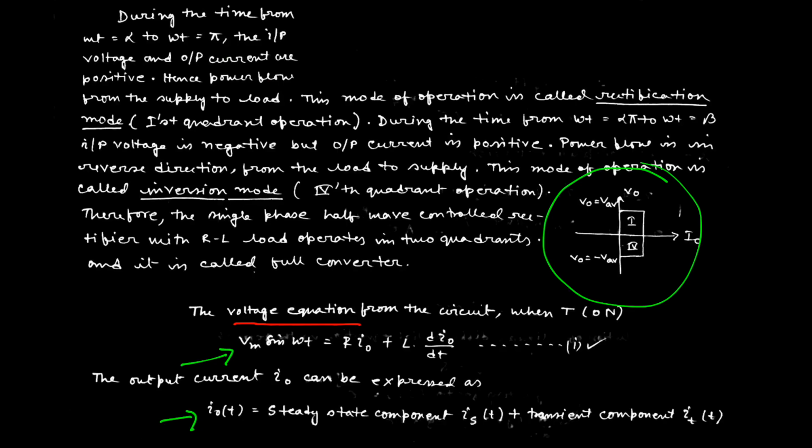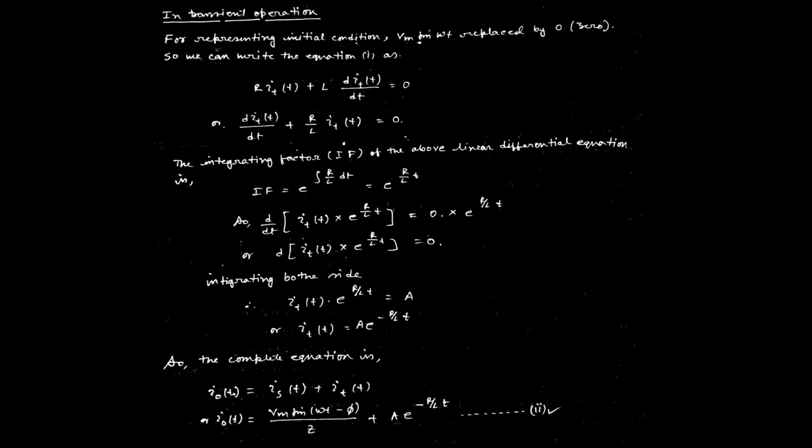So we can write, at the initial condition we can replace Vm sin omega t by 0, and we can write equation 1 as I into R, we assume it is the transient current i_t, plus L di_t/dt equal to 0.